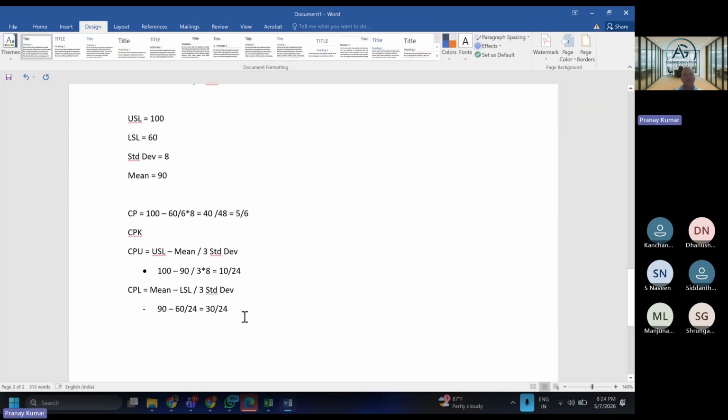CPK is the minimum of both. Obviously CPU becomes my CPK, which is equal to 10 by 24, 0.41. Everyone with me so far? Yes, sir.